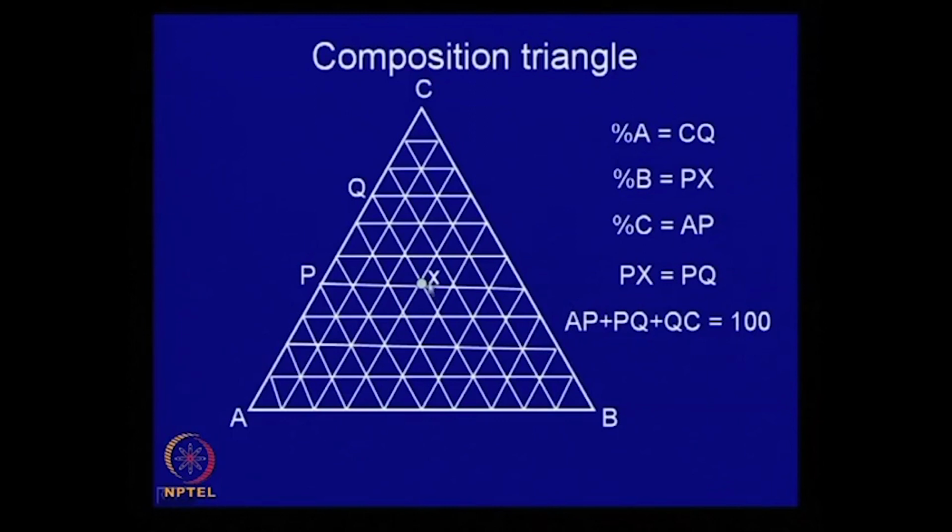Now let us look at how to represent the composition of this particular point. Here you can read it easily. Suppose you want to read the percentage of A. You read from this end: 0, 10, 20, 30. So A is 30. Similarly, how much is B?